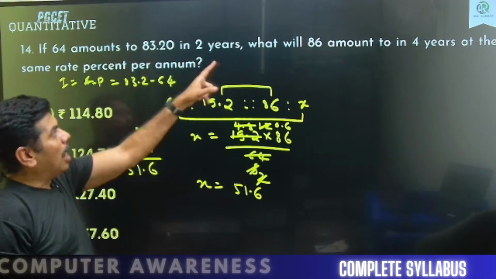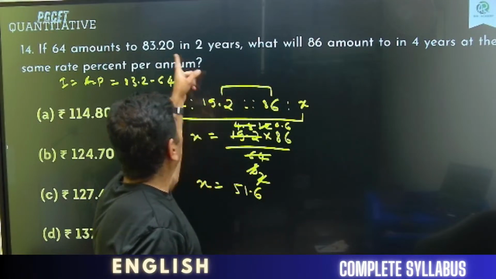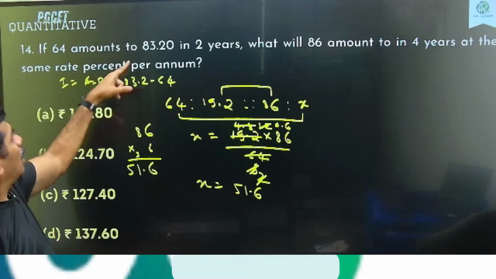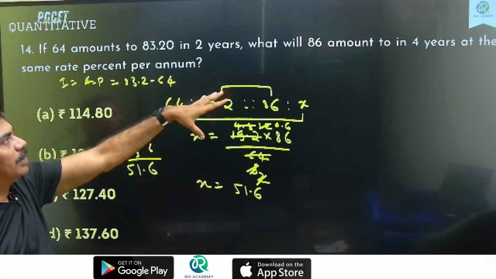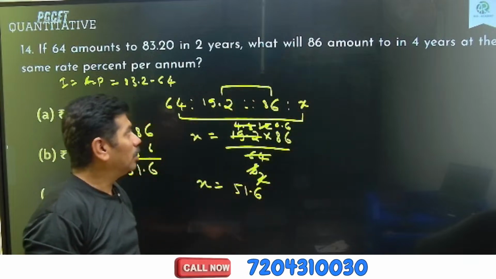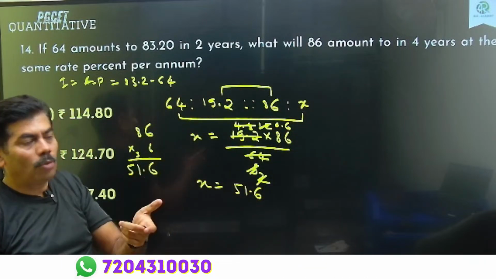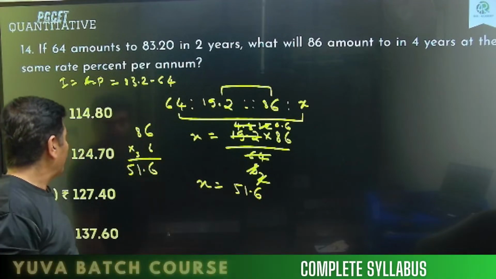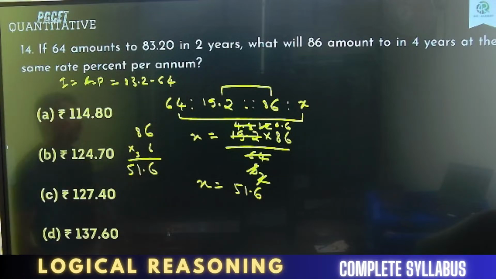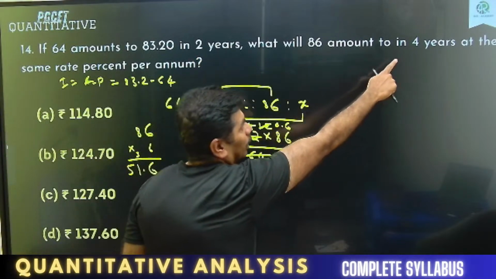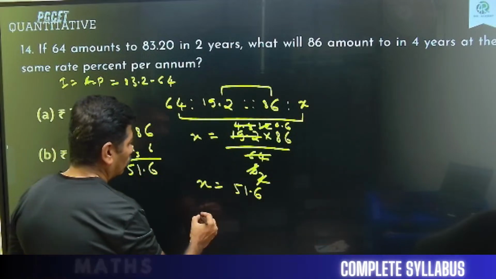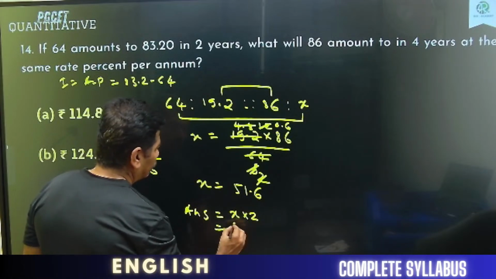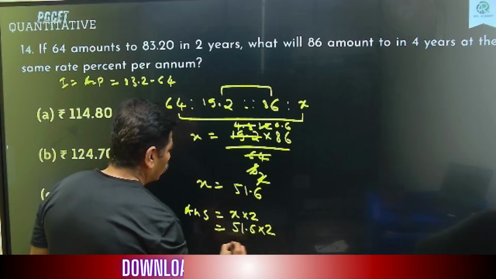A is 83.2, minus 64 gives 19.2 after 2 years. At the same interest rate, for 64 rupees to become 83 rupees 20 paise, for 86 how much interest will be added? 51 rupees 60 paise is added at the end of 2 years. But we want it at the end of 4 years. So what do we do? For the answer, we do x into 2, that is 51.6 into 2.